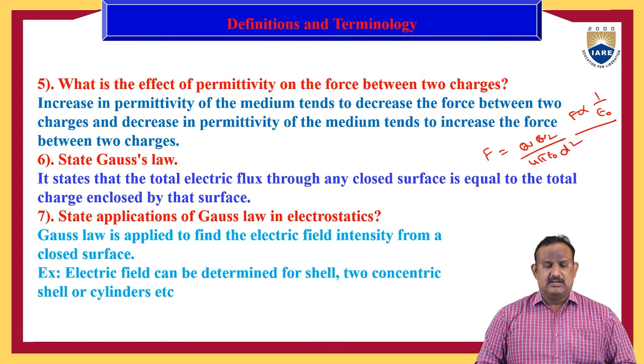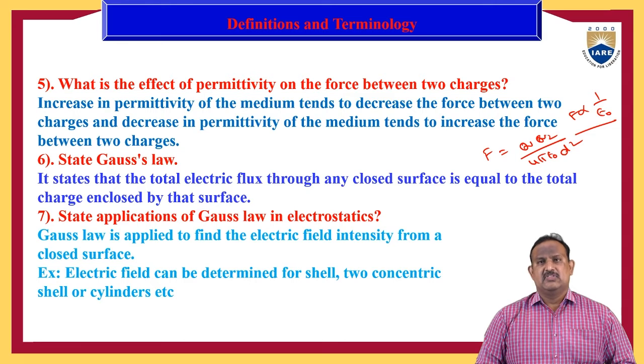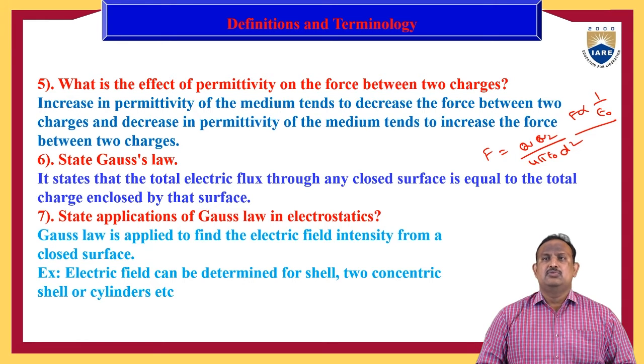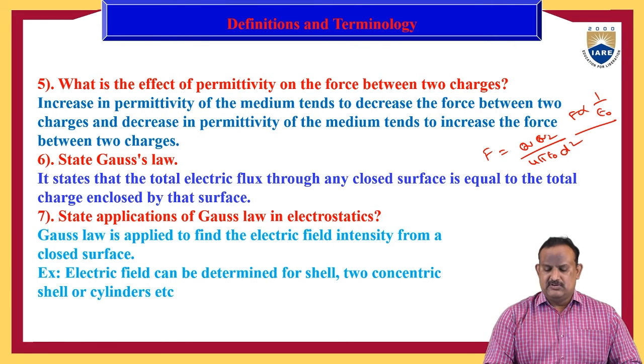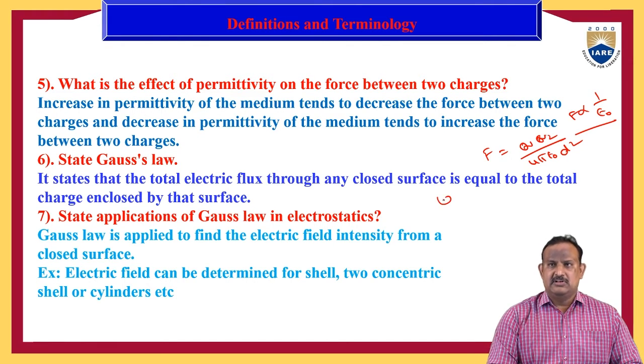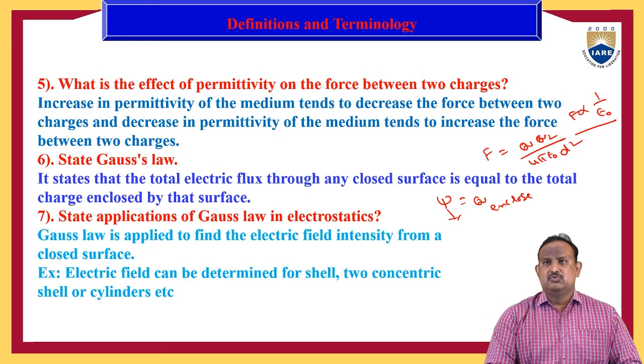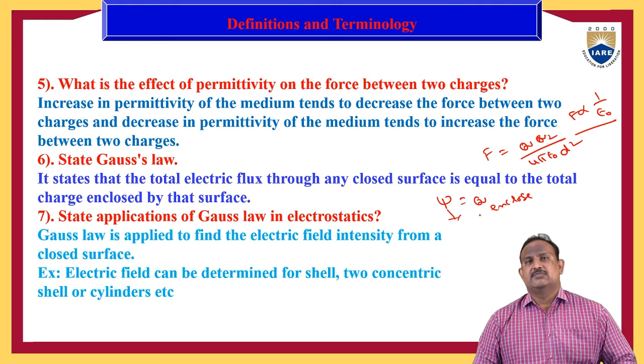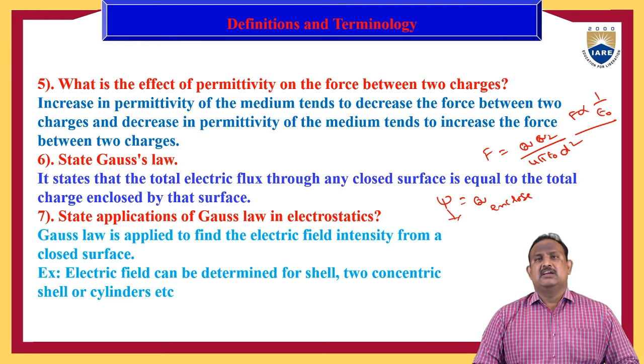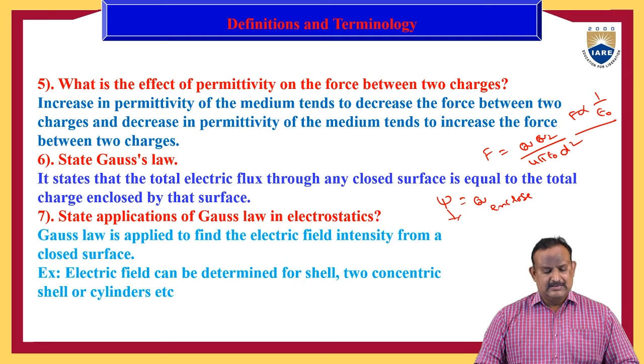So state Gauss law. It states that the total electric flux through any closed surface is equal to the total charge enclosed by that surface. Mathematically, you can represent it as psi is equal to Q enclosed. Here psi is the flux, Q is the charge in the closed surface. Next, state applications of Gauss law in electrostatics.